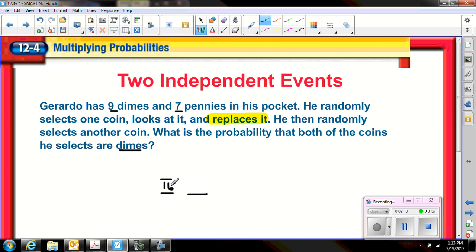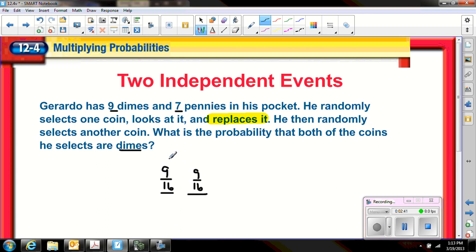There's 16 total coins in his pocket. Chance of success, 9. So 9 out of 16 for the first one. Now, once he picks that dime, he then puts it back in his pocket, leaving 16 coins in his pocket and still a chance of 9 possible successes. So this would be coin 1, this would be coin 2.